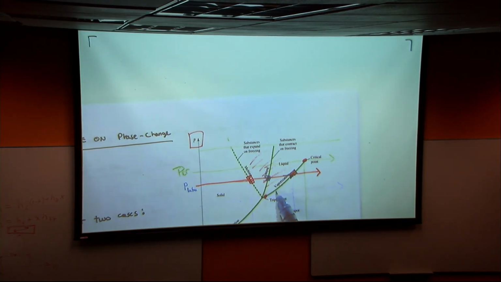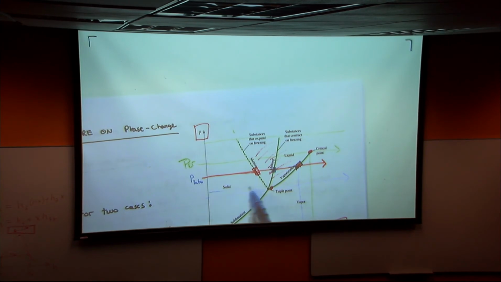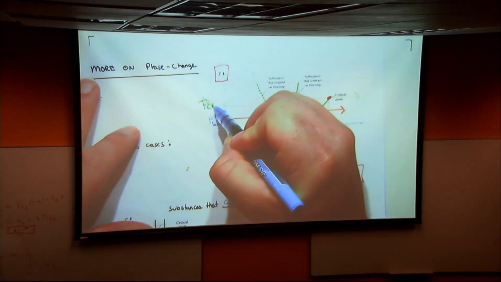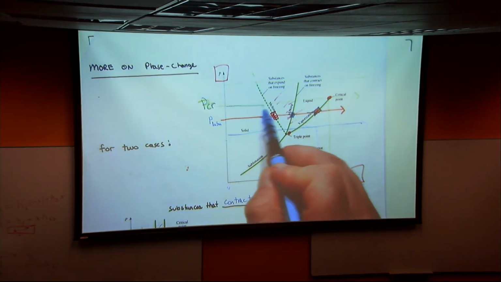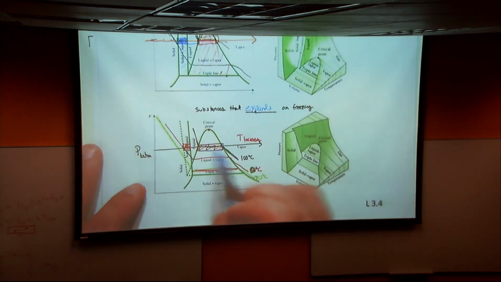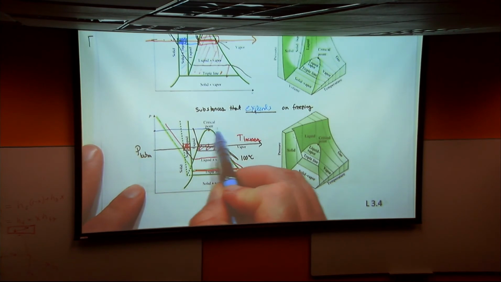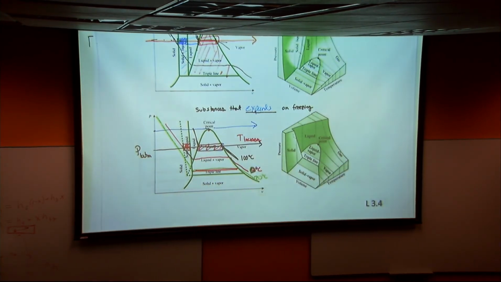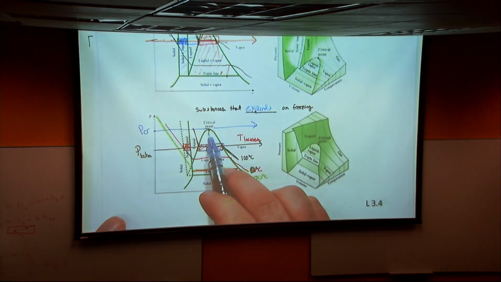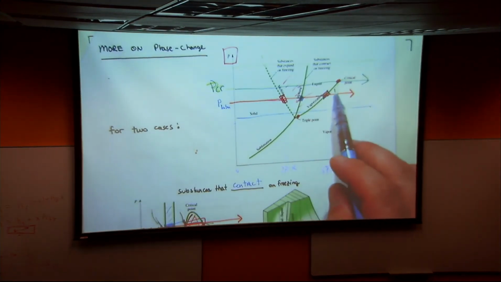If I'm at lower pressure and I go through, that means I'm further down in this bell curve. And if I go up to this P critical and come across right here, there was no width to the bell curve because I went through at that point.